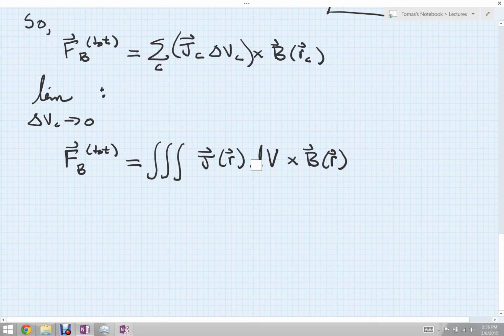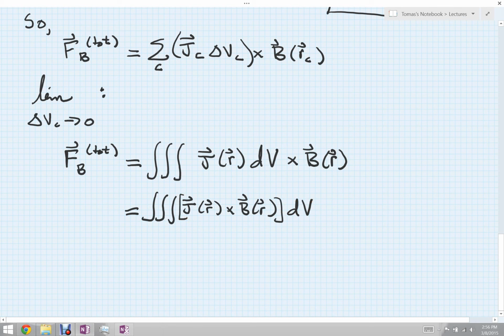Now, of course, we usually like to write dV at the end of the row when we write an integral. dV is just a scalar quantity, so I can safely move it past the magnetic field without worrying about flipping any signs or anything exotic like that. So this then would just give me the triple integral of the current density at location R cross product with the magnetic field at that particular location, and then that whole quantity just integrated times dV.